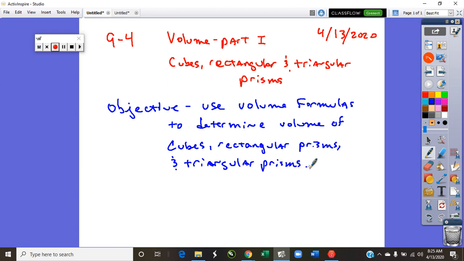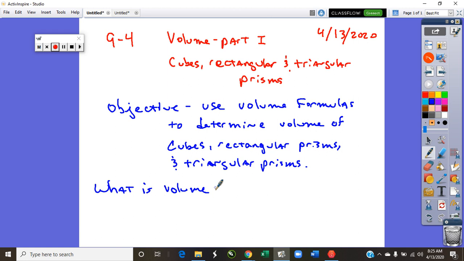The first thing that we need to talk about is what is volume. It's not the same thing as area. Think about this, guys. If you've been to a sports contest, or sometimes at amusement parks, you see those big glass things that have popcorn in them.